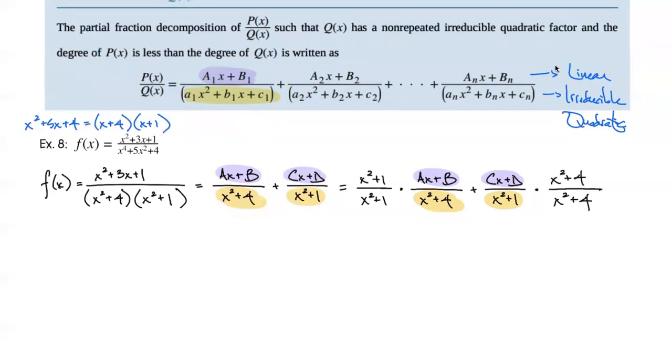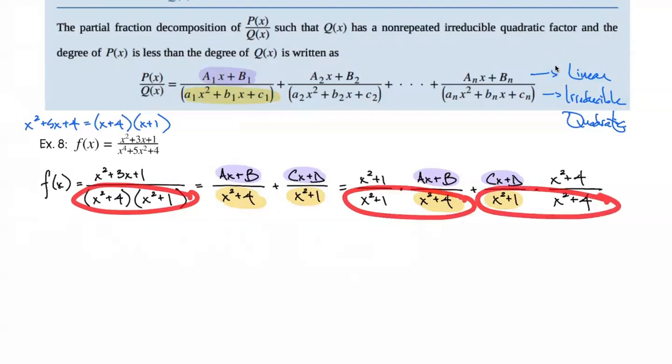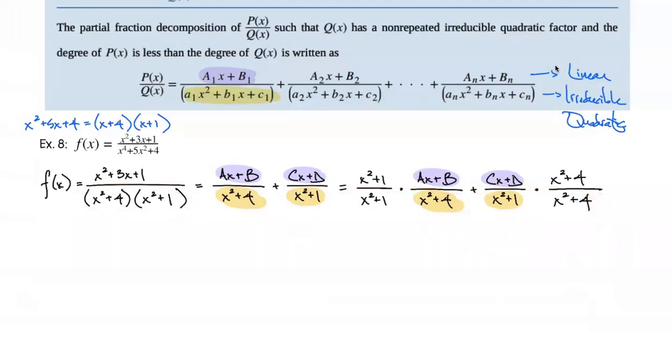Okay. Now let's double check. If all of the denominators are the same, we can sort of ignore them, right? So we have x squared plus 4, x squared plus 1, x squared plus 4, x squared plus 1, x squared plus 4, x squared plus 1. Those all look the same. So we can create an equation from just the numerators.